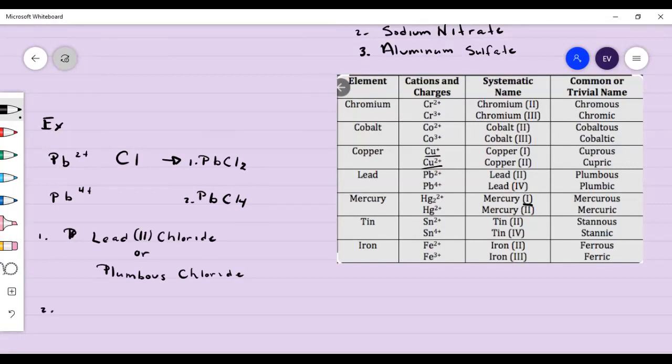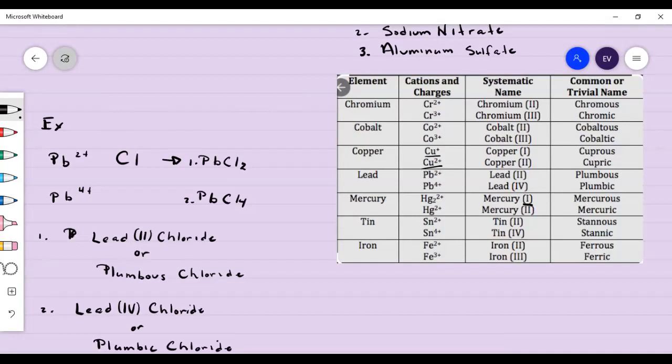For number 2, this would be lead 4 chloride, or plumbic chloride. And knowing these, you got to be able to identify which one is the 4 and the 2. Remember, the one with the greater oxidation state is going to have the IC ending, okay?